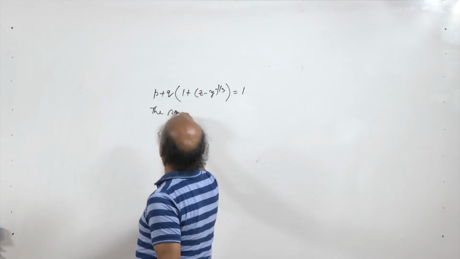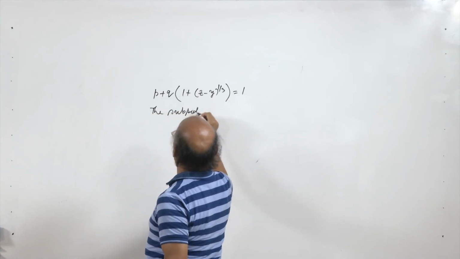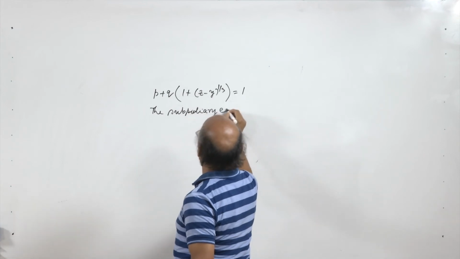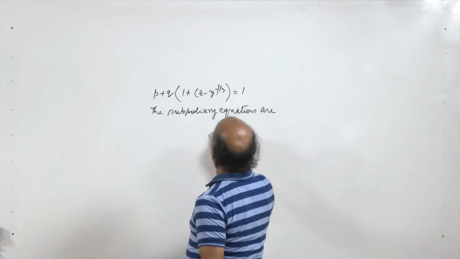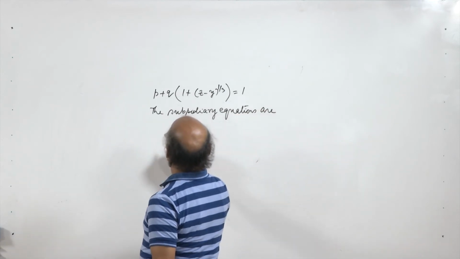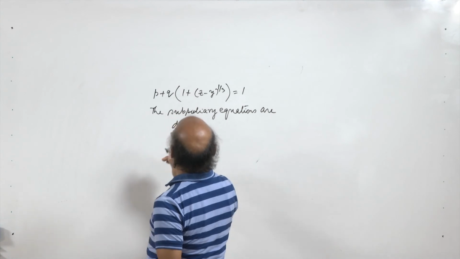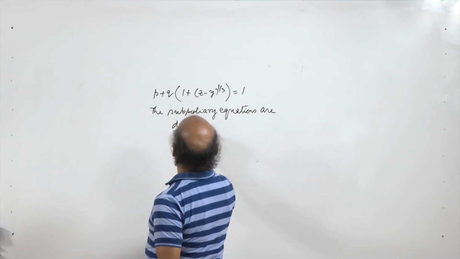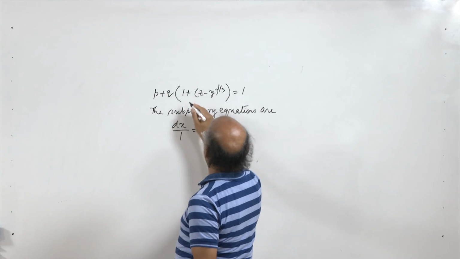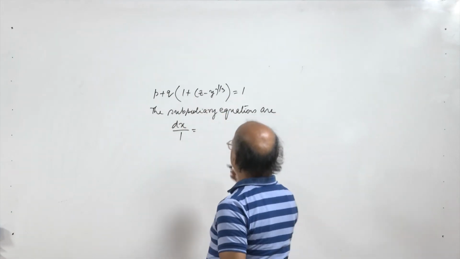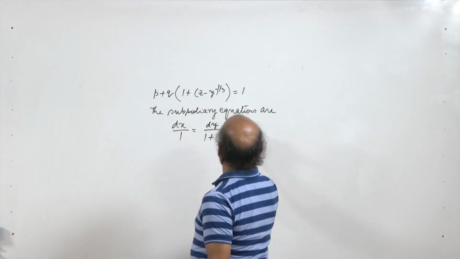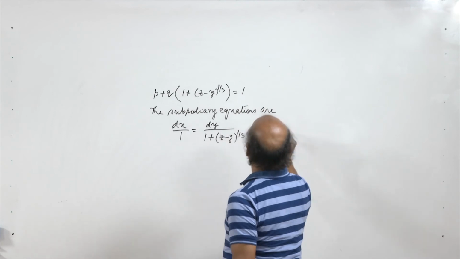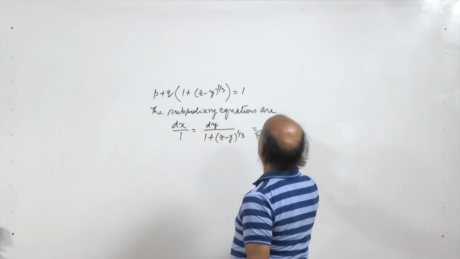The subsidiary equations are dx by P. Now capital P here is 1, so we have dx by 1, capital Q is 1 plus (z minus y) to the power 1 by 3, so we get dy upon 1 plus (z minus y) raised to the power 1 by 3, and dz upon R is equal to 1.